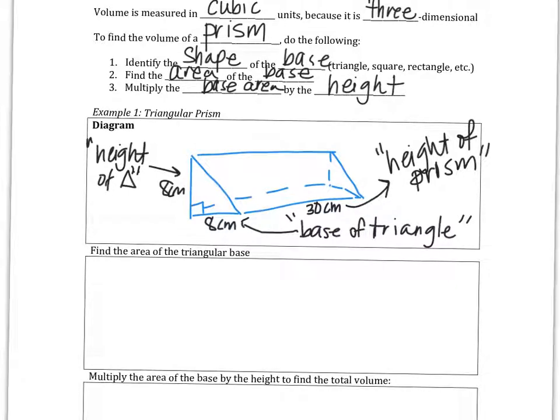So first of all, we want to find the area of the triangular base. So that is area equals half base times height. Area equals half. The base of our triangle is right here. So that's going to be an 8.